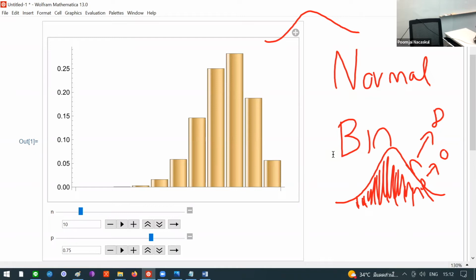Guess what's going to happen? What's the chance that the raindrop will go right? Very small. What's the chance that the raindrop is going to go left? Very small. But there's a lot of combinations of right, left, right that cancel each other out. That's why most of the raindrops go right here.